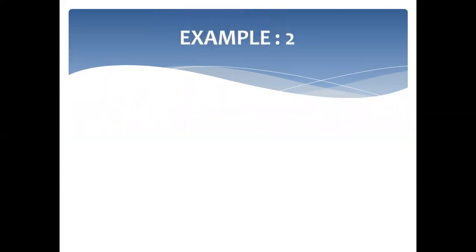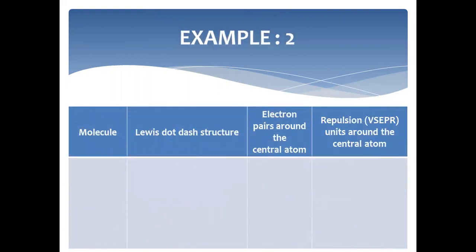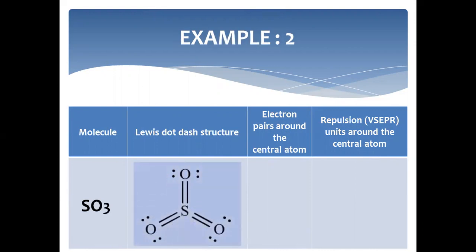It should become a little more clear. The next molecule is sulfur trioxide, SO3. Now you should be able to draw the Lewis dot dash structure. Let's find the electron pairs around the central atom. I will use the annotation and count one by one.